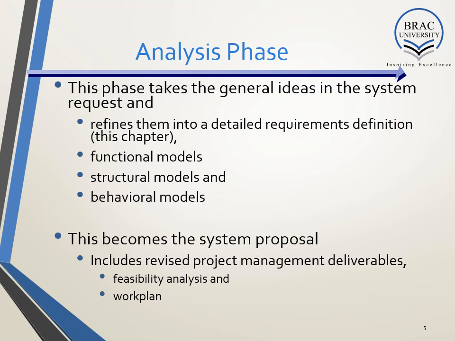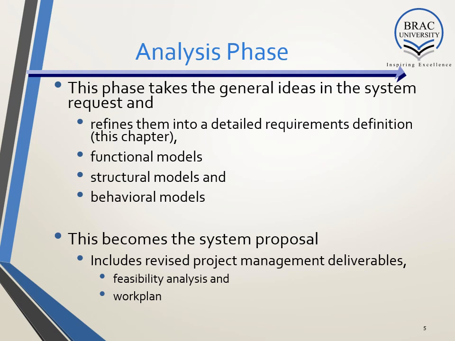So in the analysis phase, the planning is okay. That means we have done the feasibility analysis and those things, but in the analysis phase we take the general idea from the system request. From the system request we create a detailed requirement definition of what we are going to do here, and based on those detailed requirements we create different structural, functional and behavioral models.